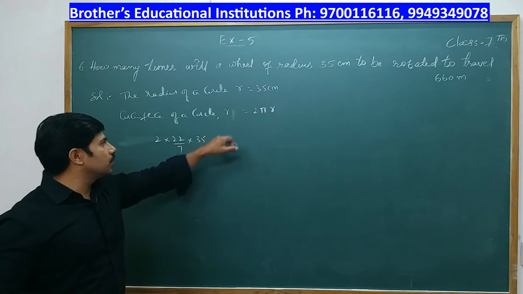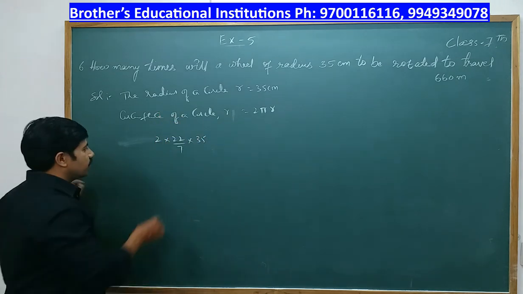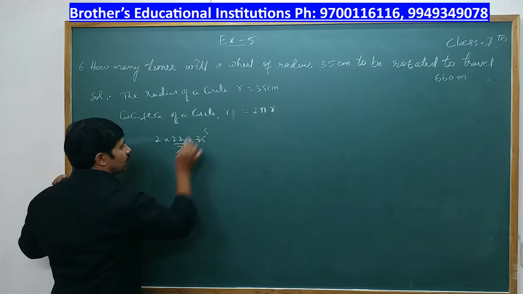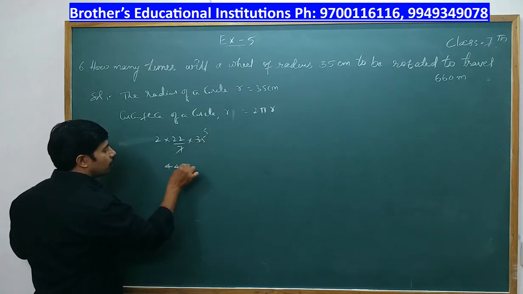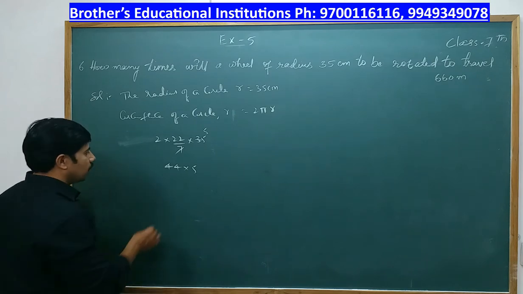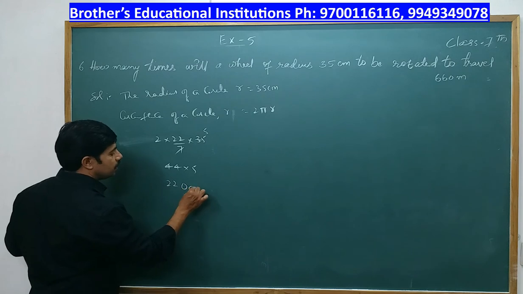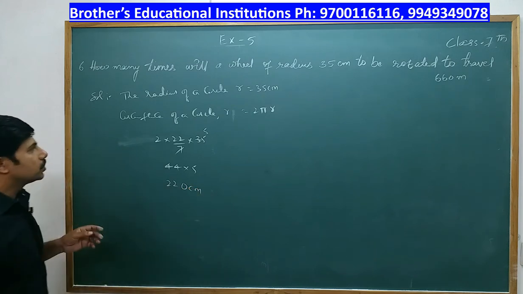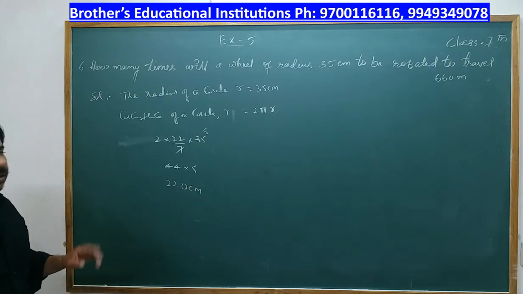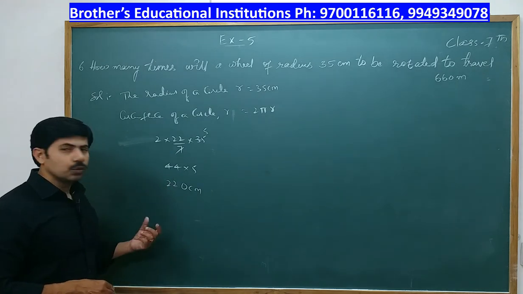So the circumference of a circle when the radius is r is 2 pi r. So 7 ones are, 7 5s are. So we get 44 into 5. So 44 into 5 is 220 centimeters. Okay, so 2 pi r, 2 into 22 by 7 into 35, 7 1s are 7, 5s are, 44 into 5, it is 220 centimeters.